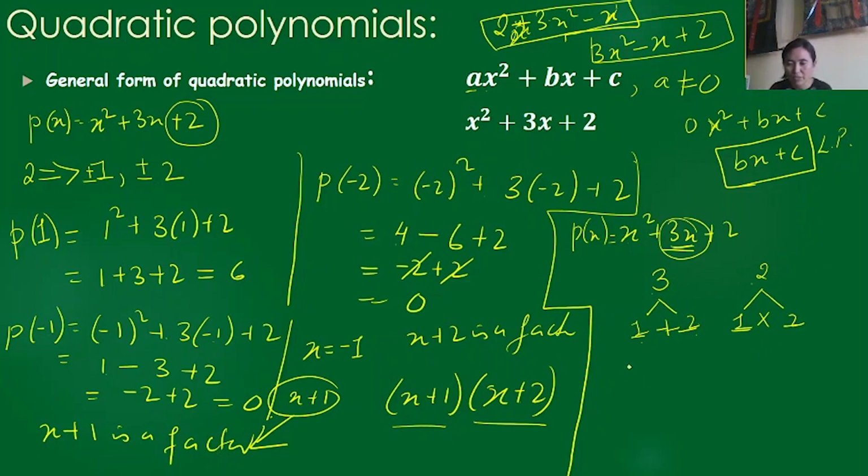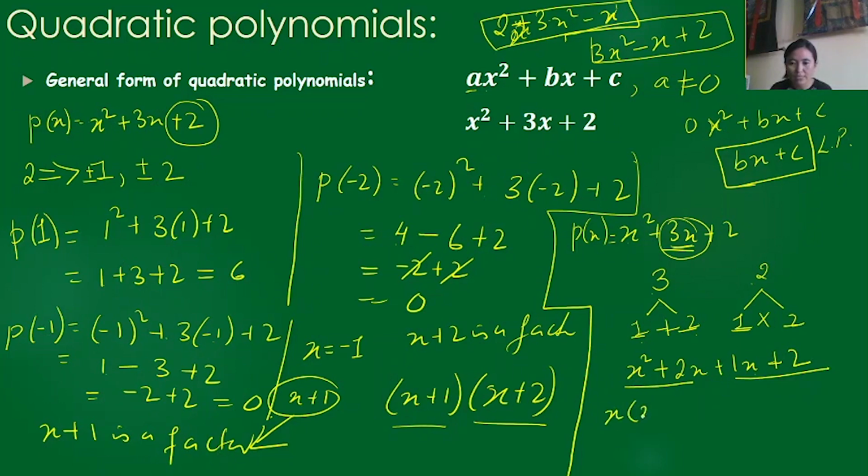Therefore, I can write the given polynomial as x square plus, instead of 3x, 2x plus 1x. When you add these two numbers, you will get 3x, and when you multiply 2 and 1, you will get plus 2. So we are going to group the terms. Here we have x as a common factor.